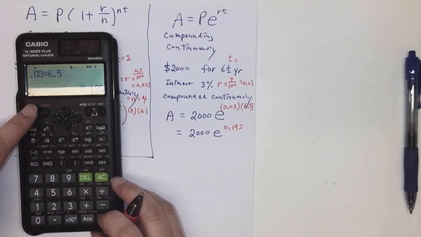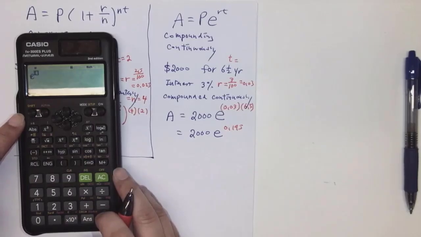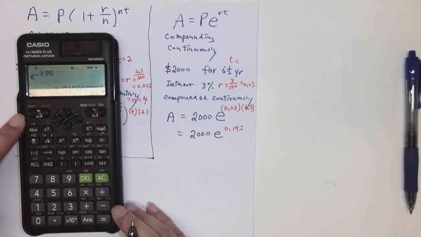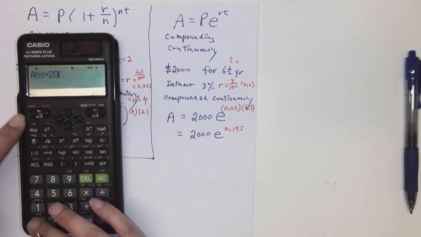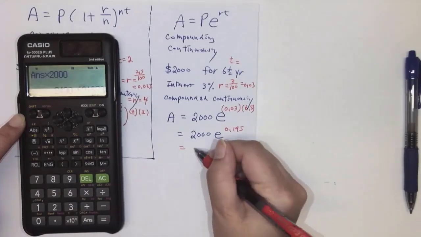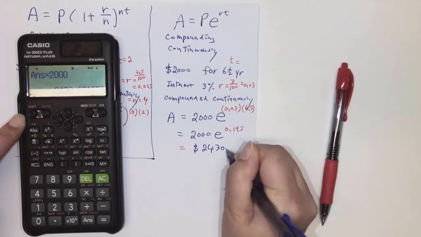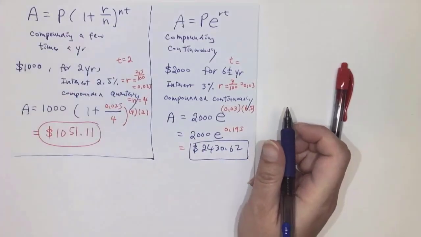So for me, it's shift and then ln. I get this, and I put 0.195. And this number, don't round it, needs to be multiplied by my 2,000, right? What do we get? That sounds good. $2,430.62.